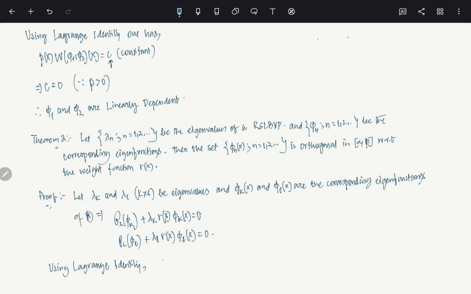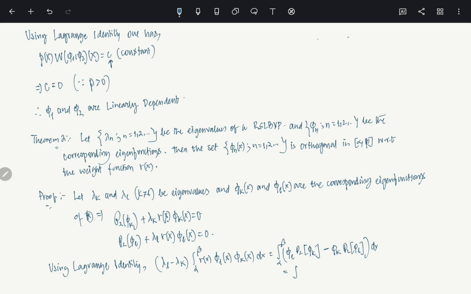What you get is (lambda l minus lambda k) times the integral from alpha to beta of R(x) phi l(x) phi k(x) dx equals the integral from alpha to beta of phi l p2 phi k minus phi k p2 phi l dx.